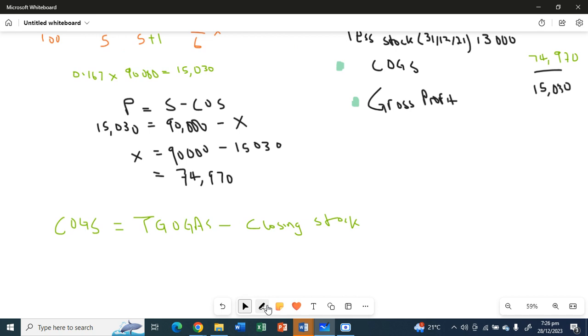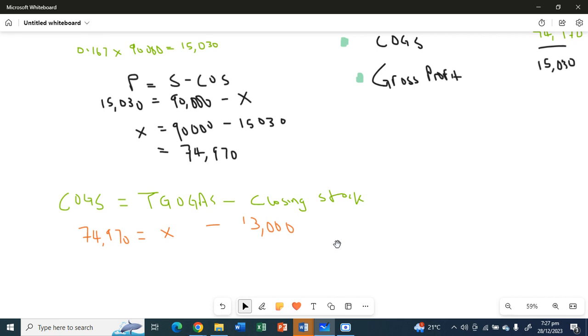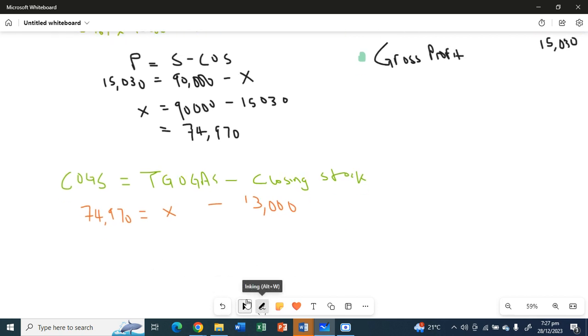Right, so we have our cost of goods sold, that's 74,970. We do not know our total cost of goods available for sale. We know our closing stock is 13,000. So in order to get our total cost of goods available for sale, we take this negative 13,000 over to the left-hand side and we add it to the 74,970.